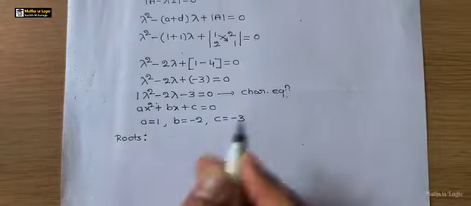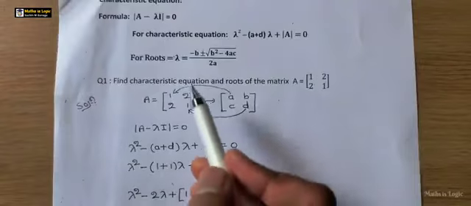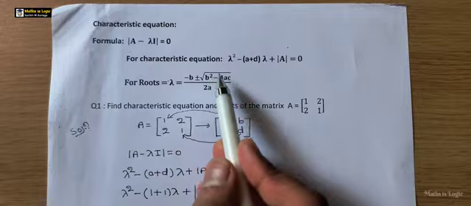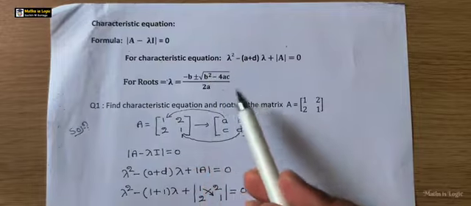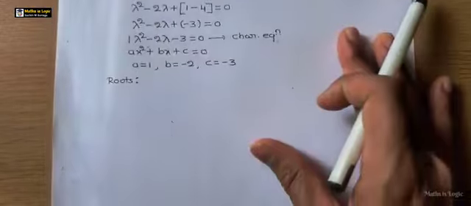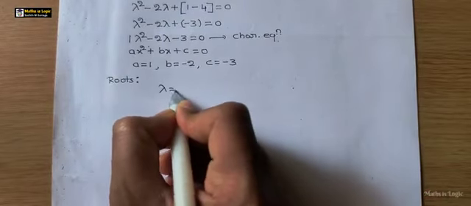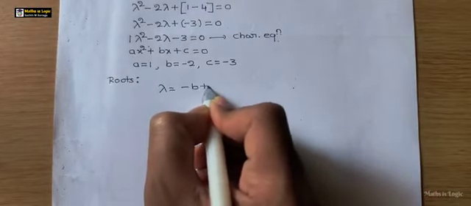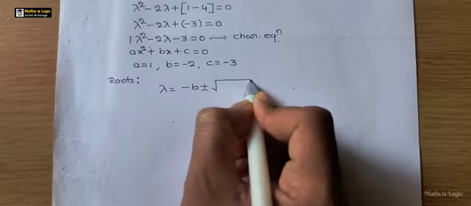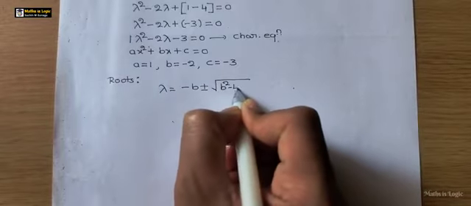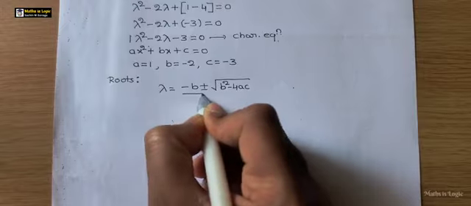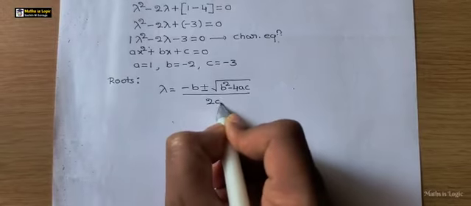After writing A, B, C, next we need to find out the roots. So to find out the roots, what is that formula we are going to use? Minus b plus or minus square root of b square minus 4ac divided by 2a. So apply. Lambda is equals to minus b plus or minus square root of b square minus 4ac divided by 2a.